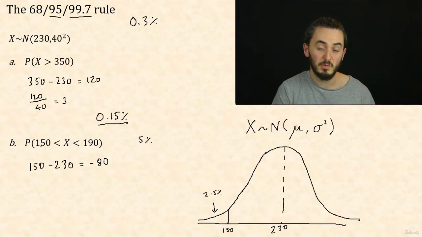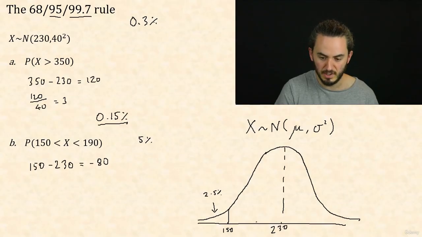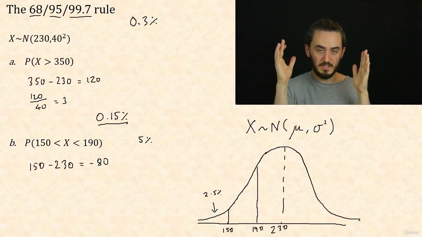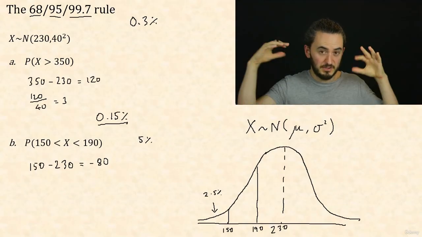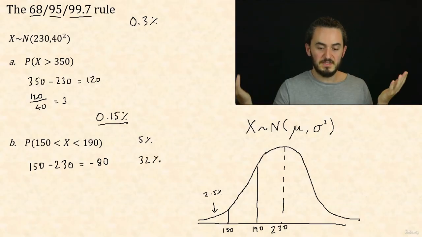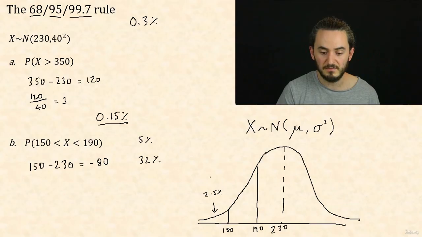But we want X to be between 150 and 190, and 190 is 1 standard deviation below the mean. Well, if 68% of the data is within 1 standard deviation, then 32% is further away than 1 standard deviation. Half of that's on the left, half that's on the right.